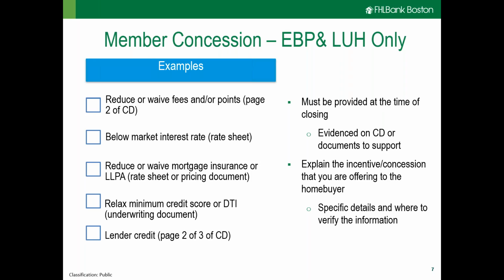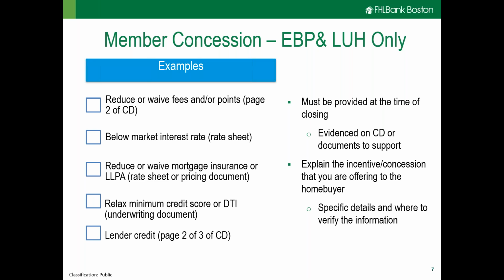And then the ones that I referenced that fall under that expanded underwriting guidelines, they need to be things that are impactful. So the examples that we have as of 2025 are reducing or waiving mortgage insurance, or maybe some loan level pricing adjustments.